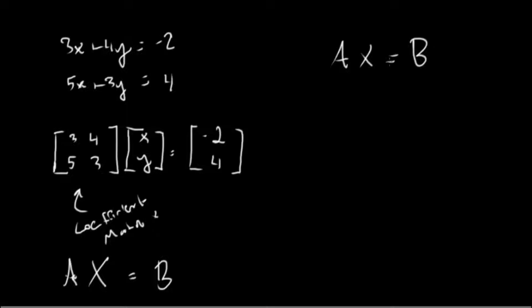If you think back to algebra, you might be tempted to divide by A on both sides to eliminate the A. But with matrix operations, we don't really have a division operation. Think about a simple equation like 5x = 15: you didn't really divide by 5 when you were in, say, third or fourth grade.